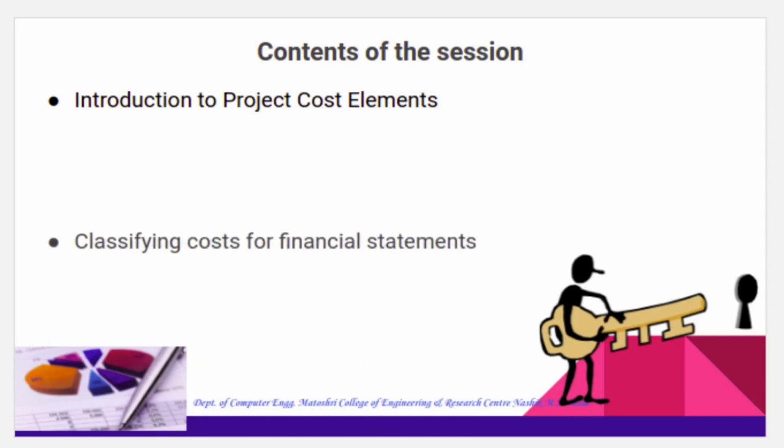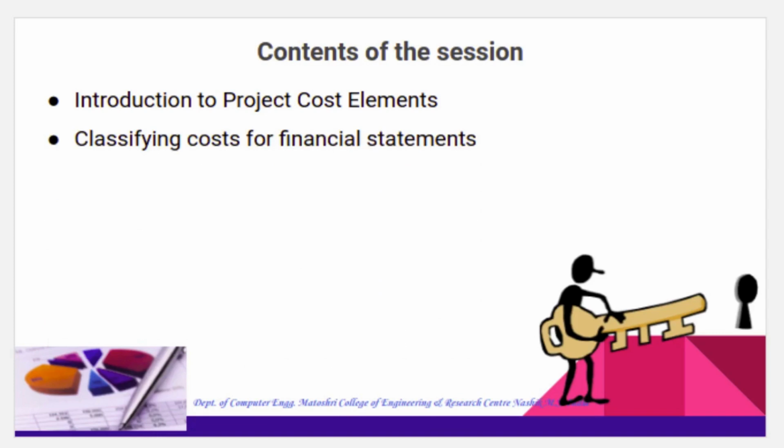Then we will proceed to learn about classifying cost for financial statements, in which we will learn three types of cost: matching cost, period cost, and product cost.